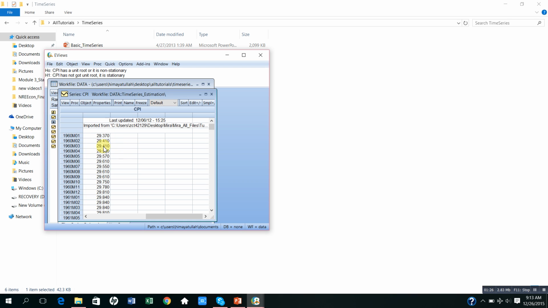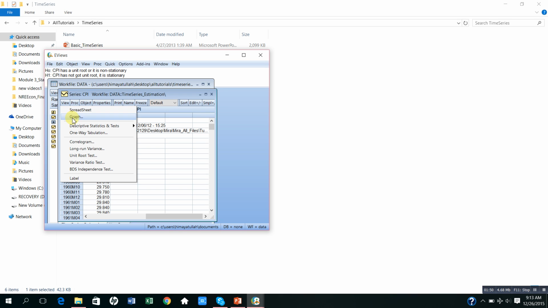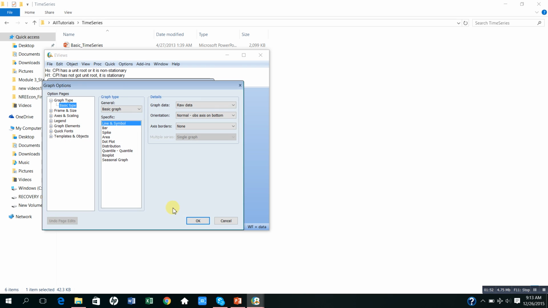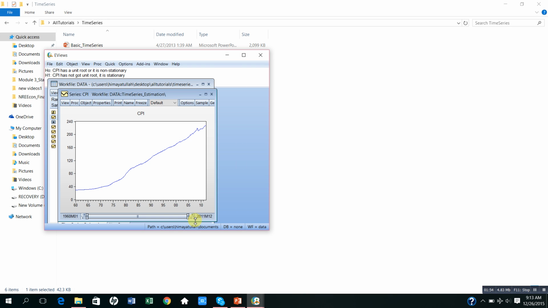These are monthly data from January 1969 up to December 2011, so there are a large number of observations in this file. My first step would be to view the line graph of this series. So I would go to View, then Graph, and after this I'll press OK, and I'll get this graph of CPI.